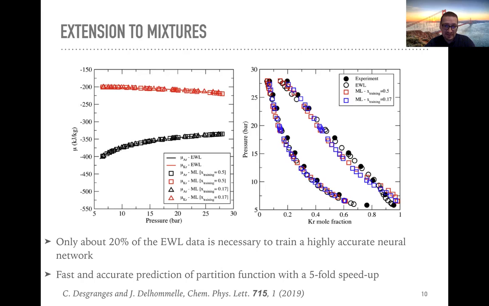As these two graphs on this slide show, for a mixture of argon and krypton, we obtain extremely accurate results at coexistence using only a fifth of the data from the simulation. Just a fifth of the simulation data allows us to build a robust machine learning model that can cover the entire range of conditions, in that case, for vapor-liquid equilibrium.